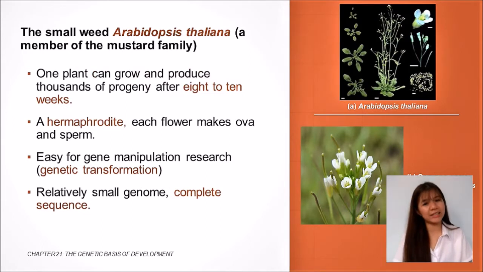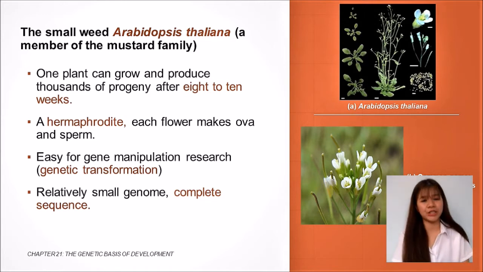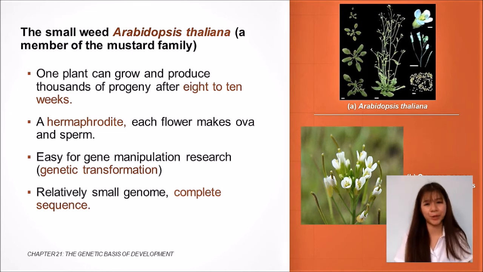Studying the molecular genetics of plant development, scientists are focusing on the small weed Arabidopsis thaliana, a member of the mustard family. So we can see here all of its features. One plant can grow thousands of progeny after 8 to 10 weeks. It is a hermaphrodite, meaning each flower consists of ova and sperm.